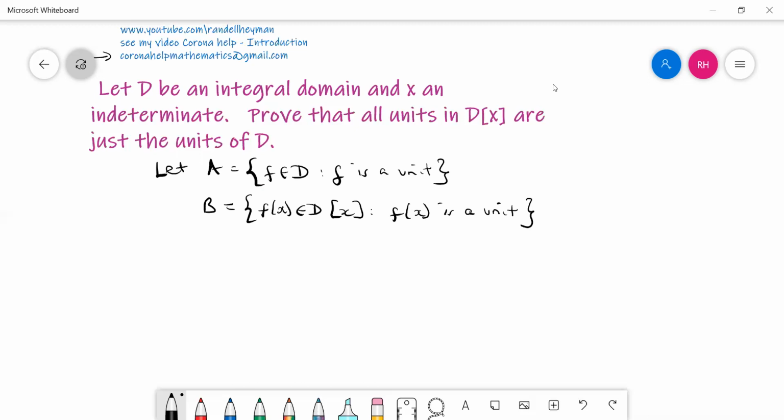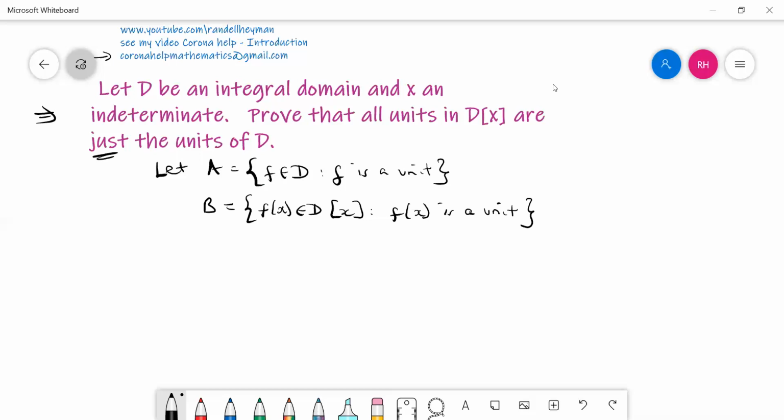Now you've got to be careful with this problem. This is saying, because it says just here, just the units of D, that if we take the elements of D that are units, and consider them as polynomials in D[x], well, the only units in D[x] are going to be the units in D, and vice versa. So the two sets are essentially the same.